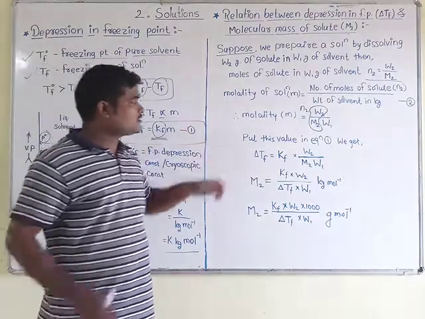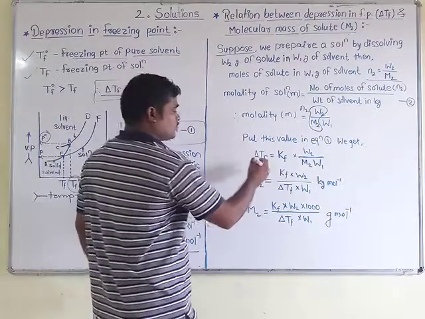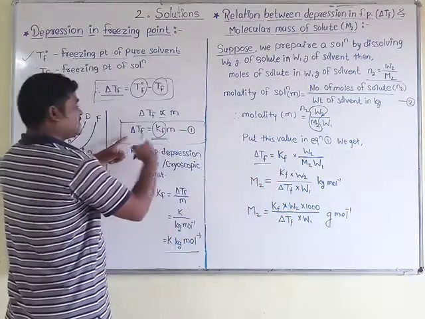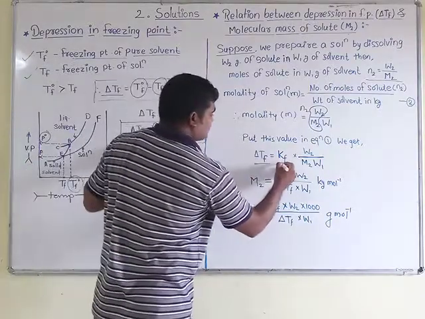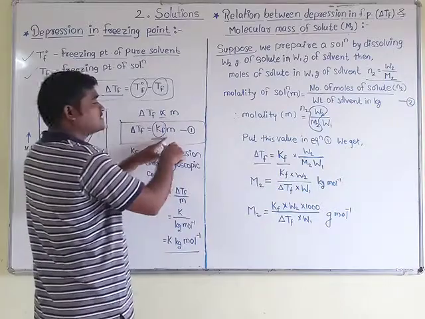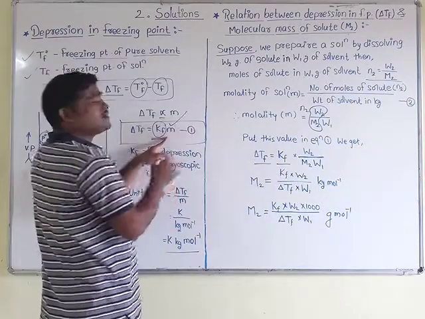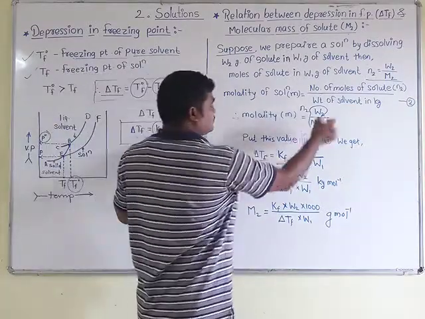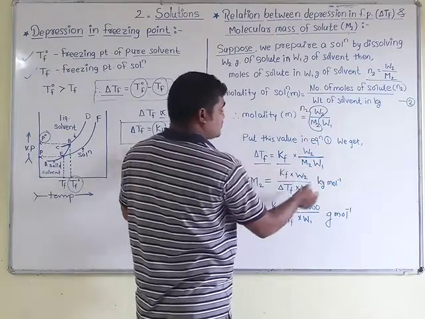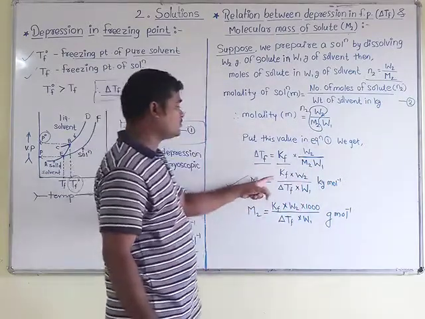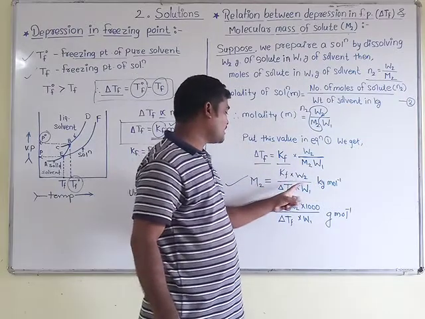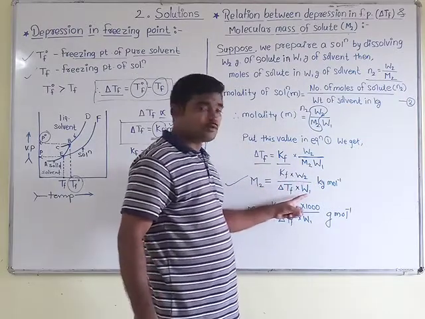Look, I have kept delta Tf as it is, and Kf also as it is. Instead of the molality term we have substituted this value, and on simplification we get this equation, that is M2 is equal to Kf into W2 divided by delta Tf into W1.